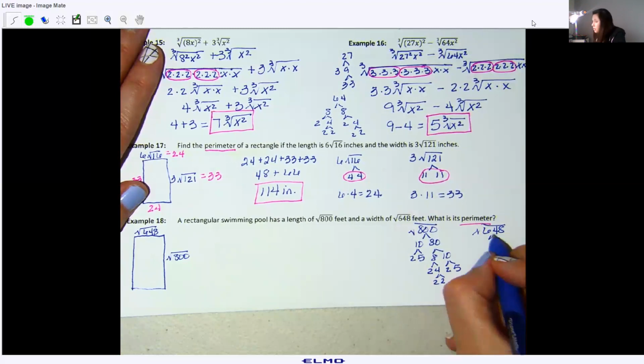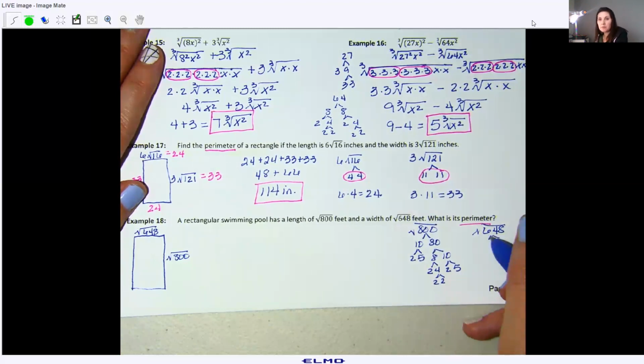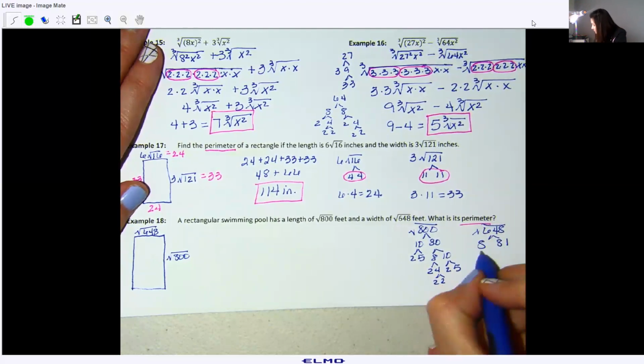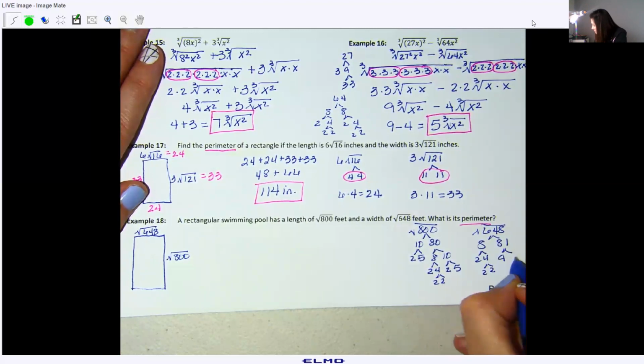And we end up with, I know that 64 and 8 are both divisible by 8 evenly, and so I'm going to divide that by 8, and I end up with 81. Okay.